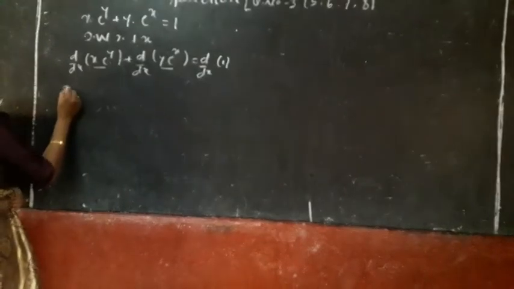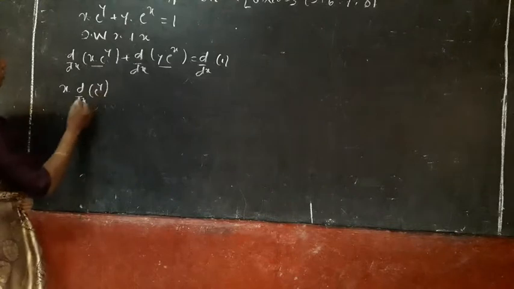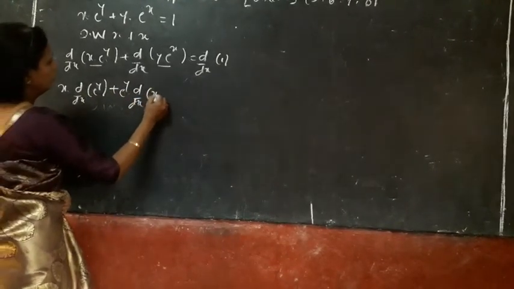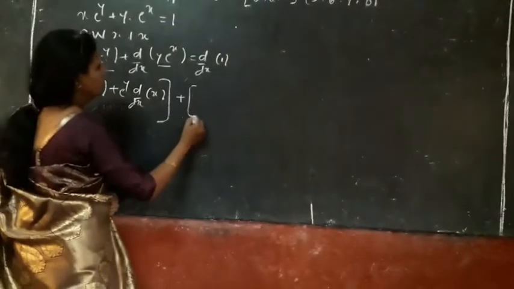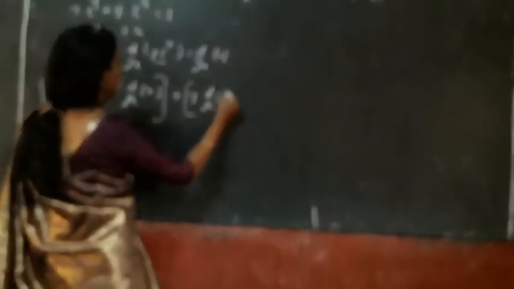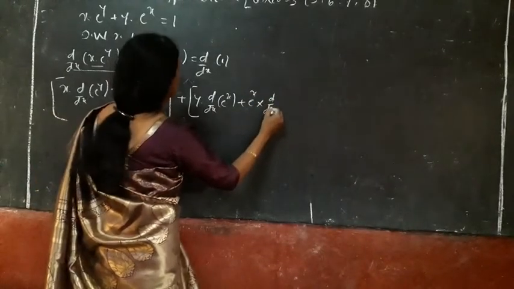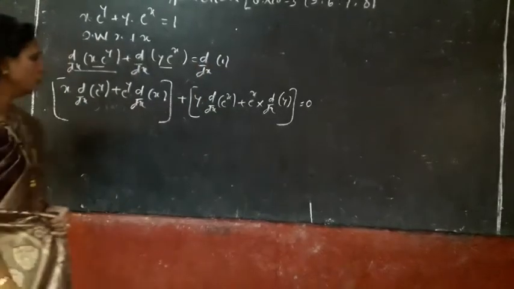See, x differentiation of e raised to y plus e raised to y differentiation of x. This is the differentiation of this one. Plus y differentiation of e raised to x plus e raised to x into differentiation of 1, and differentiation of 1 is 0.